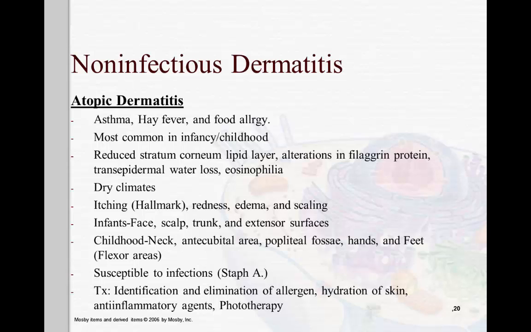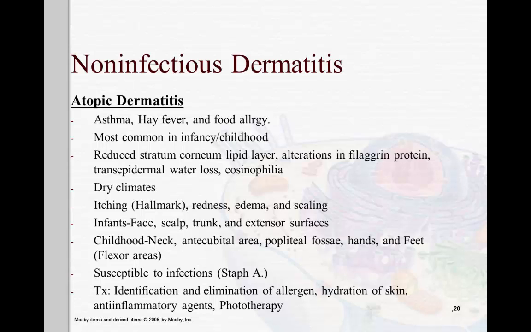Etiology, again, affects everybody, but is very common in the pediatric population. Prevalence in children is 20%. Most people with the disorder develop this before age 5. Again, many family members have allergic rhinitis as well.